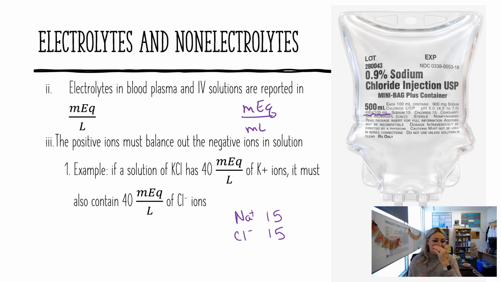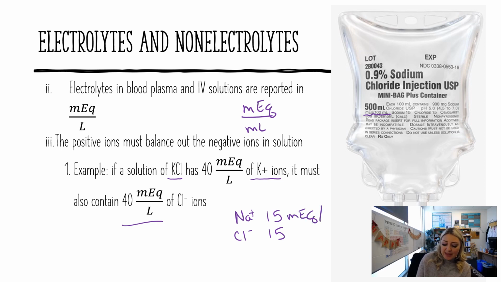You don't want to have an imbalance in ions in the body. So our positive ions always have to balance out the negative ions in solution. So here we see an example. If a solution of potassium chloride has 40 milliequivalents per liter of potassium ions, it has to also contain 40 milliequivalents per liter of chloride ions.